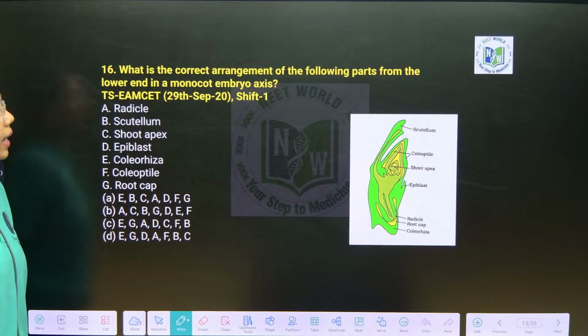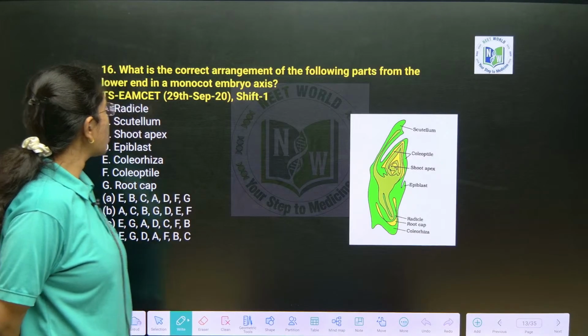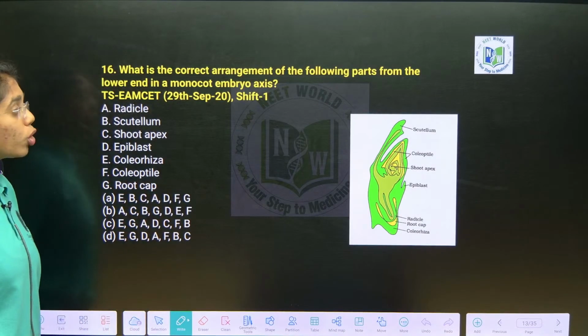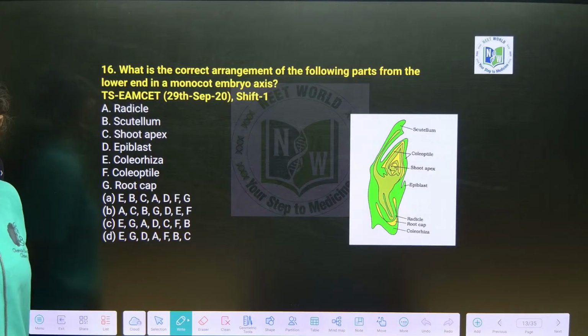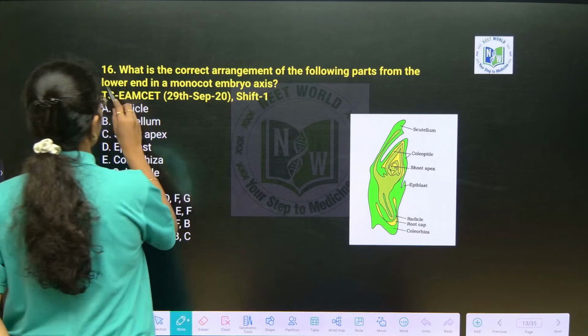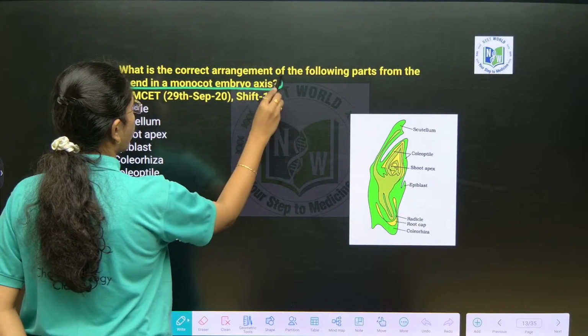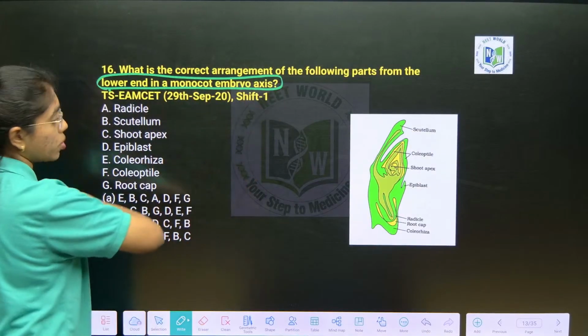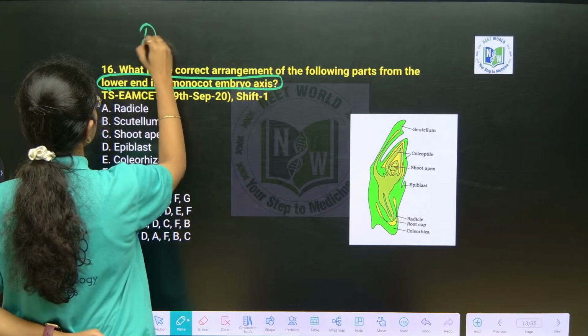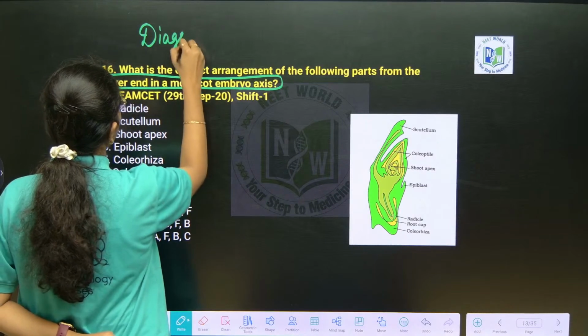What is the correct arrangement of the following parts from the lower end in the monocot embryo sac? From the lower end we have to see. From the lower end of monocot embryo sac. Diagram based question.